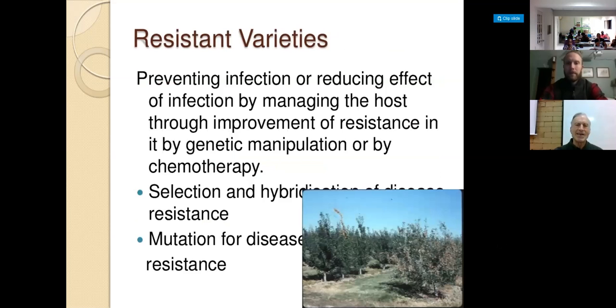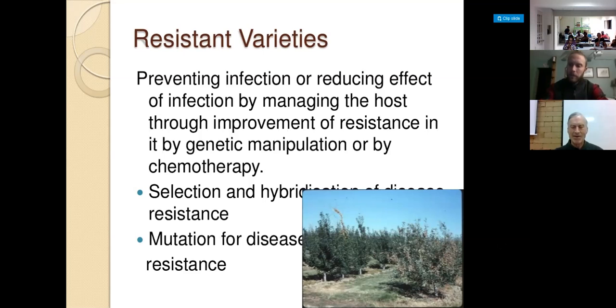And resistant varieties, of course. This is a way to take out the host part of the disease triangle. You create a variety that's not susceptible to the disease. And for many crops, there are varieties available that are resistant to many different diseases.